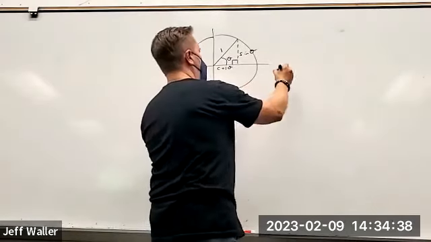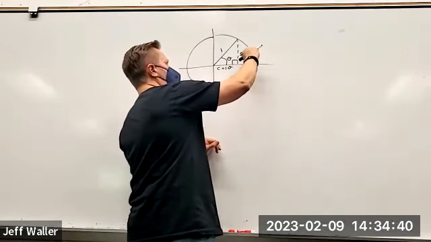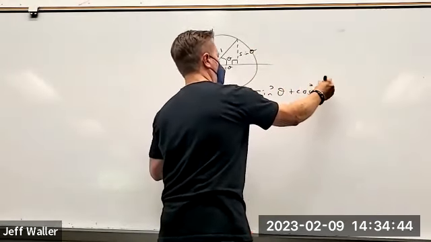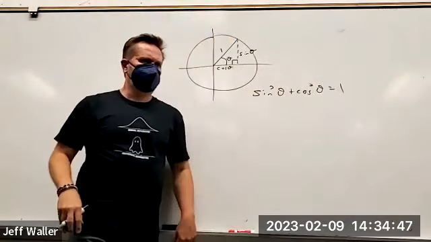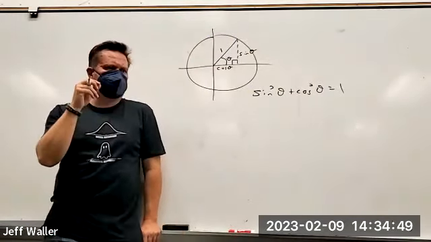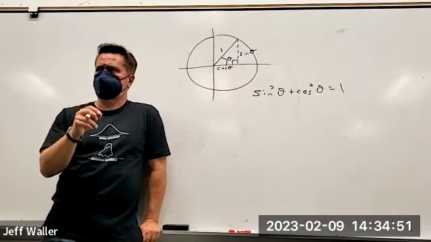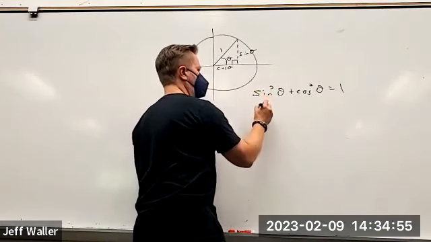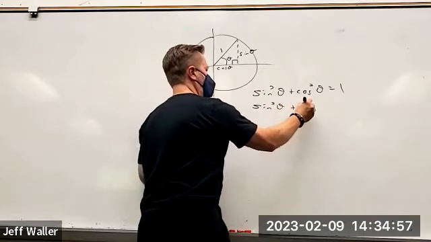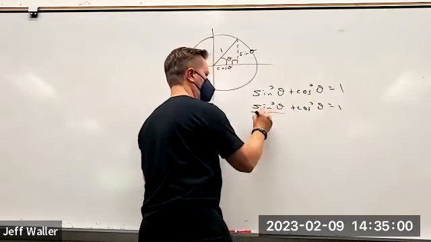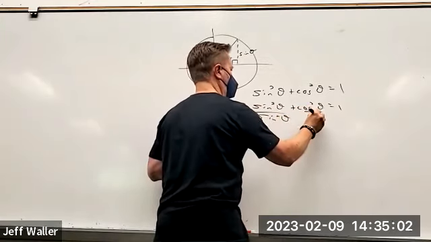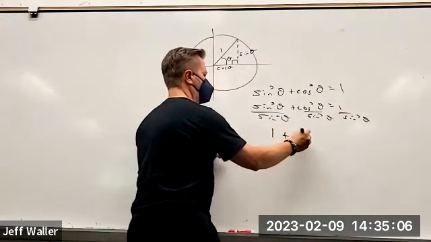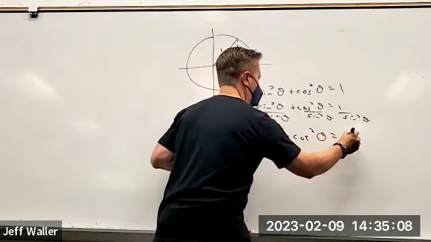Good old Pythagoras. So it would be a squared plus b squared equals c squared. So that's the most basic trig identity, right? And then from that, you could create the other ones. So if I divided this by sine squared, you would get 1 plus cotangent squared equals cosecant squared.